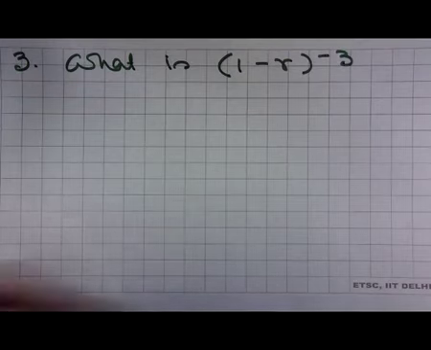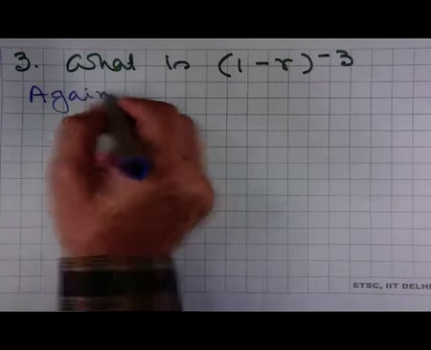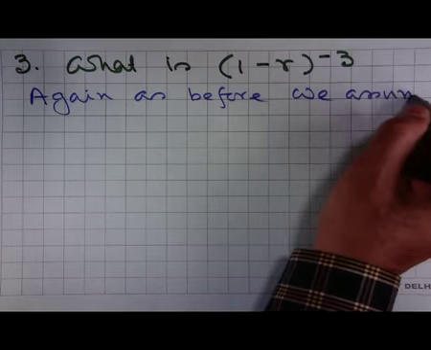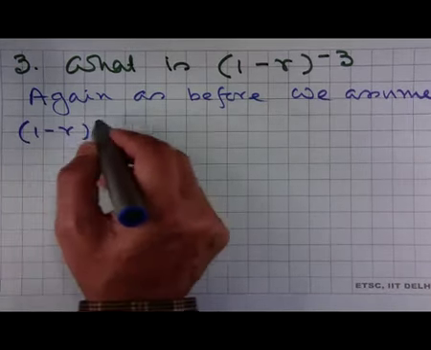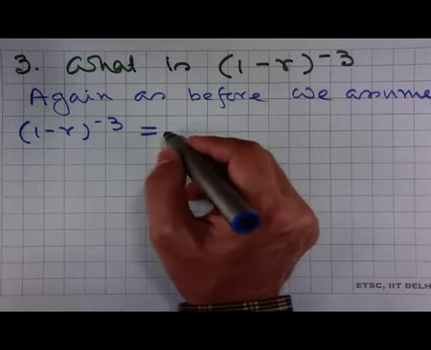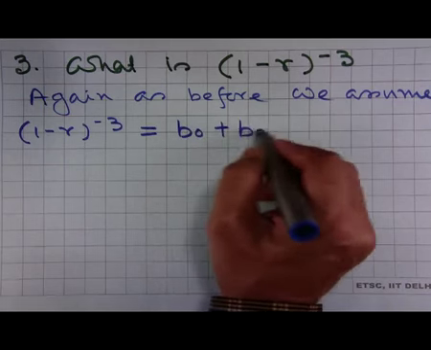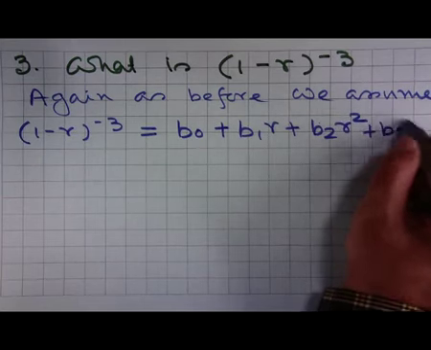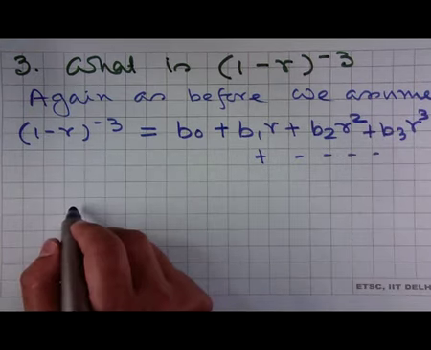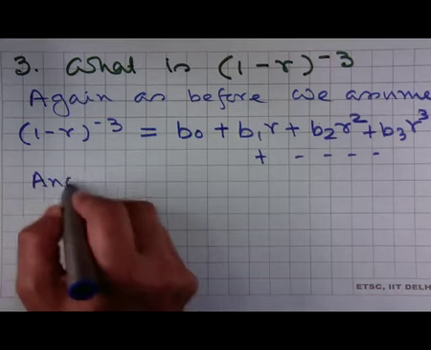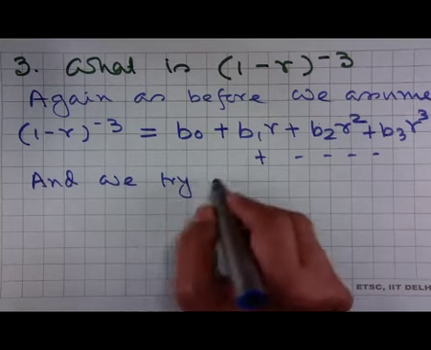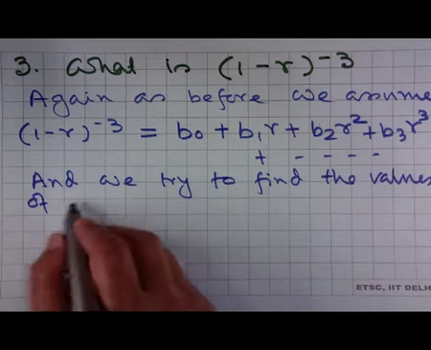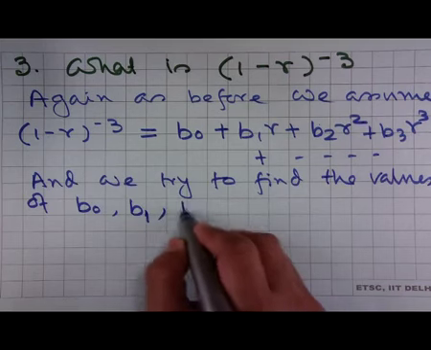Again, as before, we assume (1 minus r) whole to the power minus 3 is equal to that infinite series b 0 plus b 1 r plus b 2 r square plus b 3 r cube plus this infinite sum, and we try to find the values of b 0, b 1, b 2, etc.